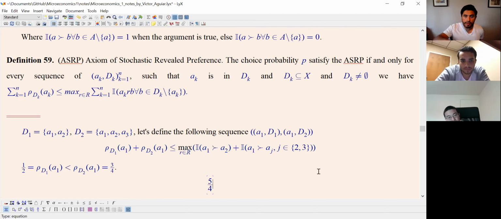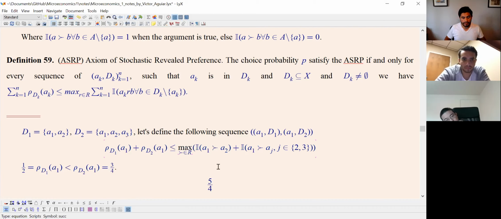I have to show that the right-hand side will give me a number that is at most 1. So here you have to pick some ranking out of the 6, where at the same time A1 is better than A2, and A1 is better than A2 and A3, right?